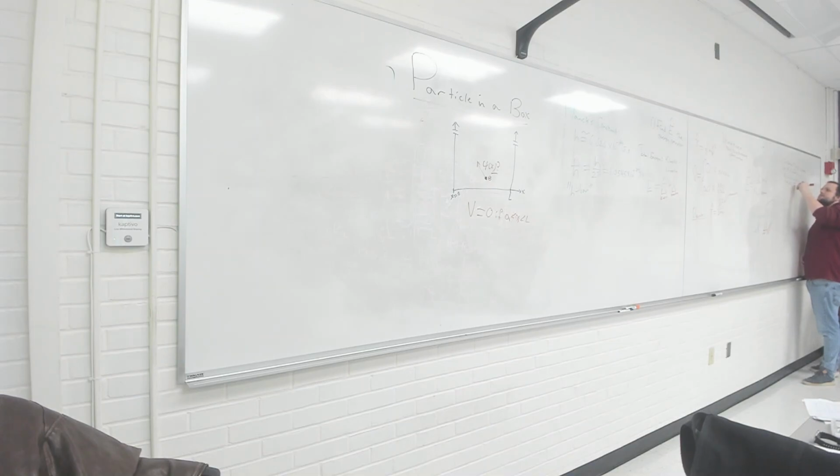I'll draw this. So for instance, let's imagine that our wave function is a sine wave. All right, so let's call this psi of x at t equals 0. So here's our electron's wave at t equals 0.